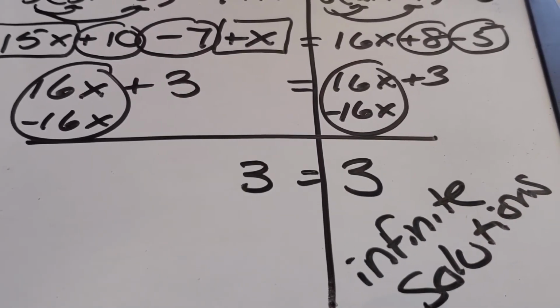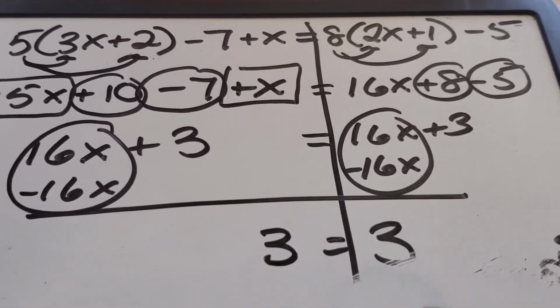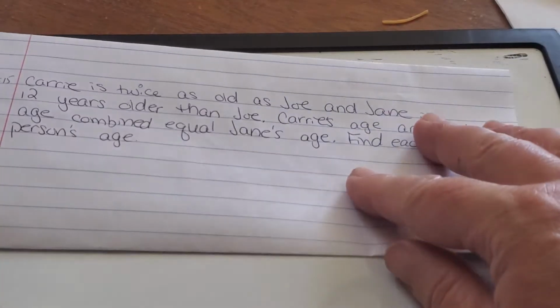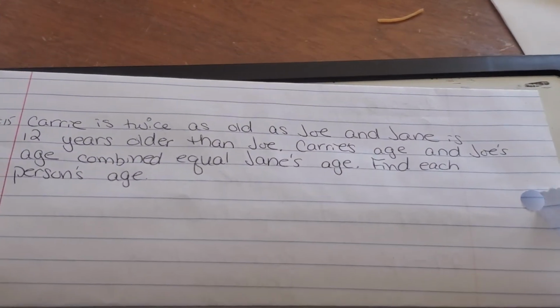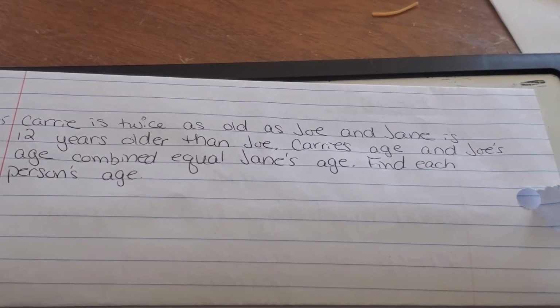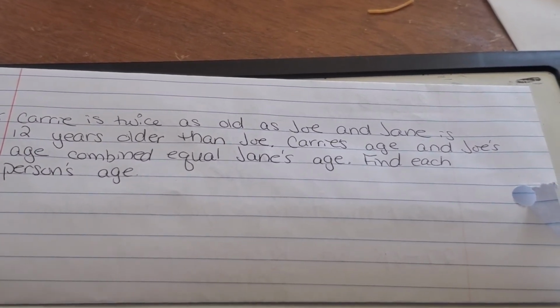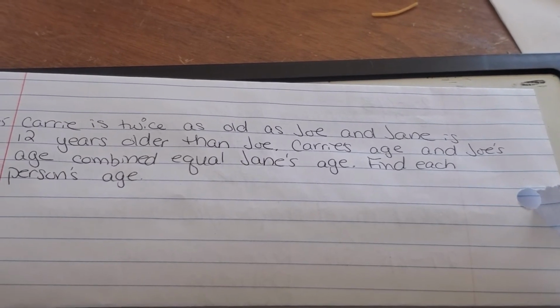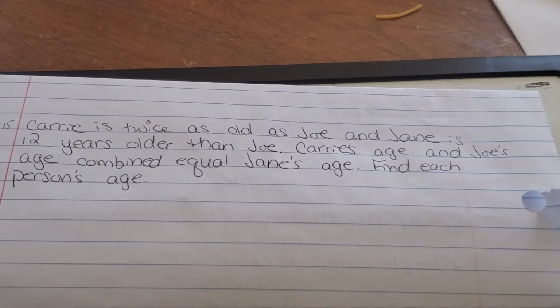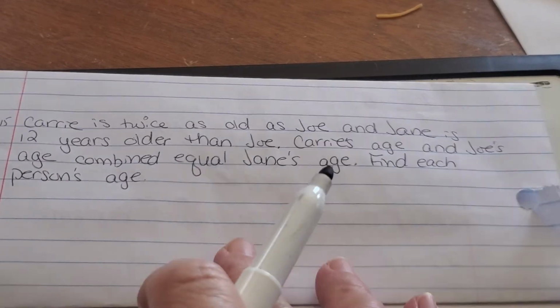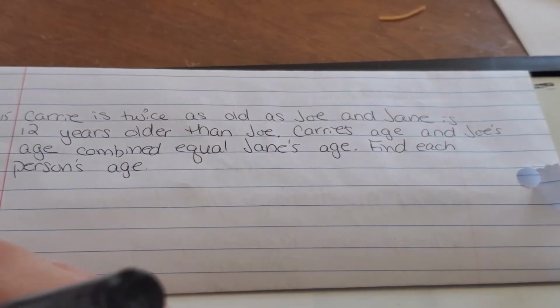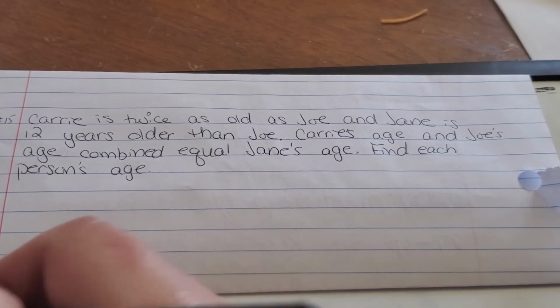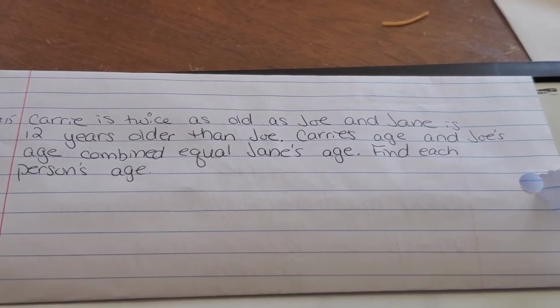All right, one more. Let's look at a word problem. This says, Carrie is twice as old as Joe, and Jane is 12 years older than Joe. Carrie's age and Joe's age combined equal Jane's age. Find each person's age. So we need to write expressions, first of all, to represent Carrie's age, Joe's age, and Jane's age.